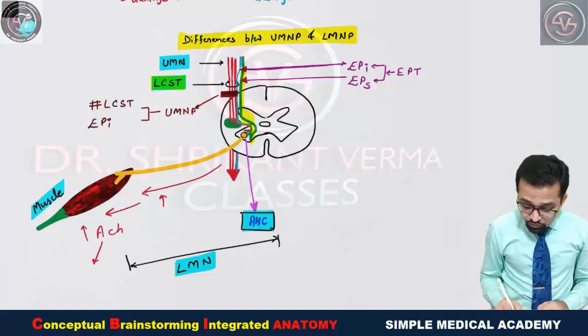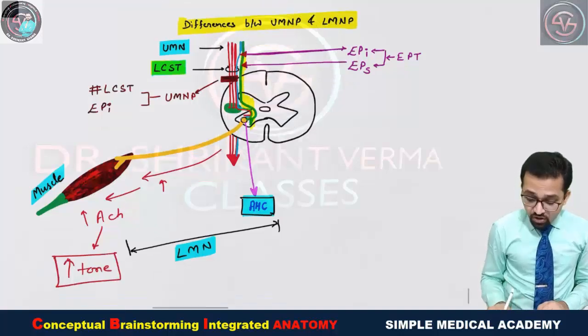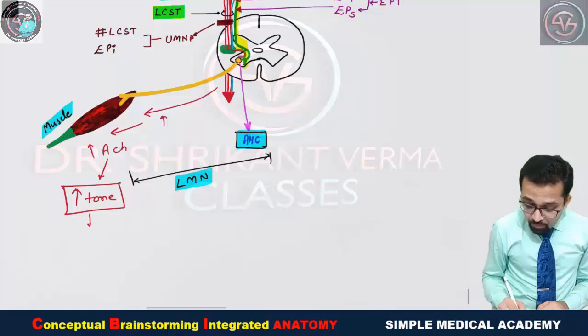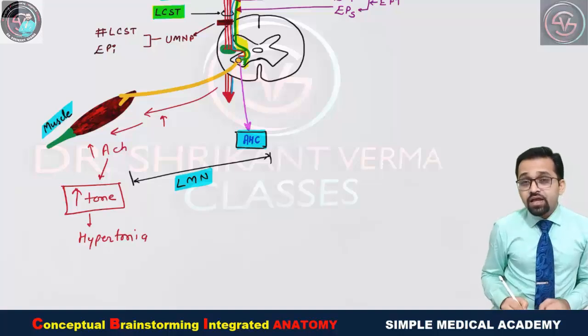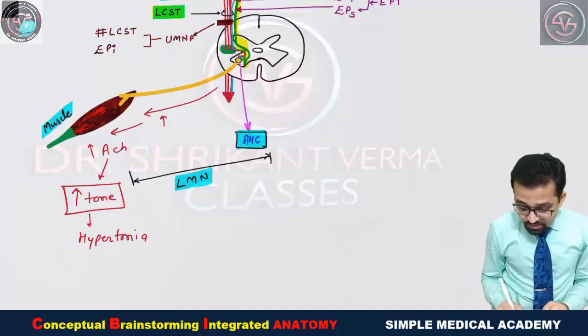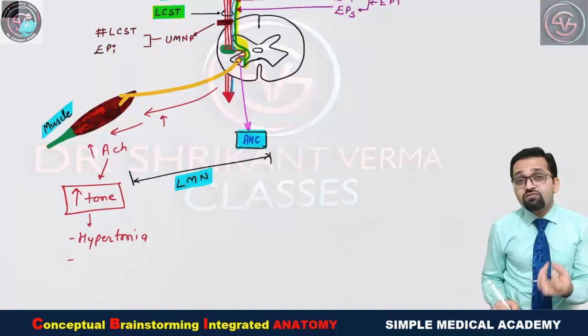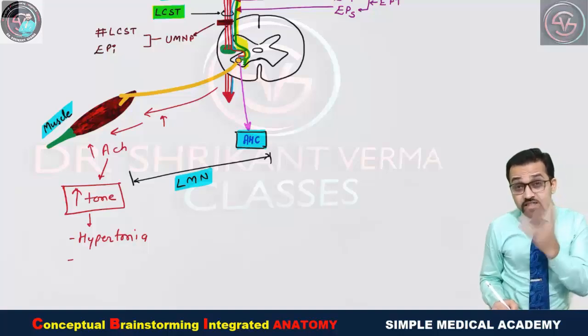That's why it is responsible for the increase in tone. Means in case of upper motor neuron paralysis, we will get hypertonia, and due to the increased tone, there are chances of spasticity and rigidity.